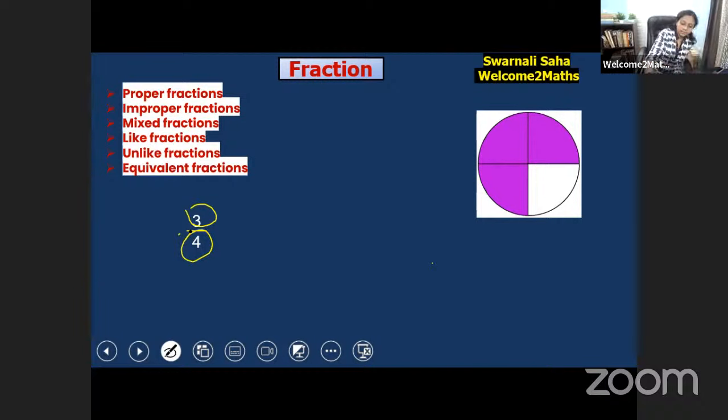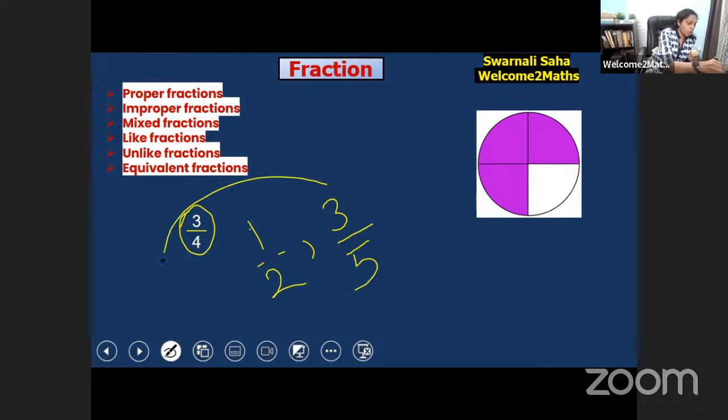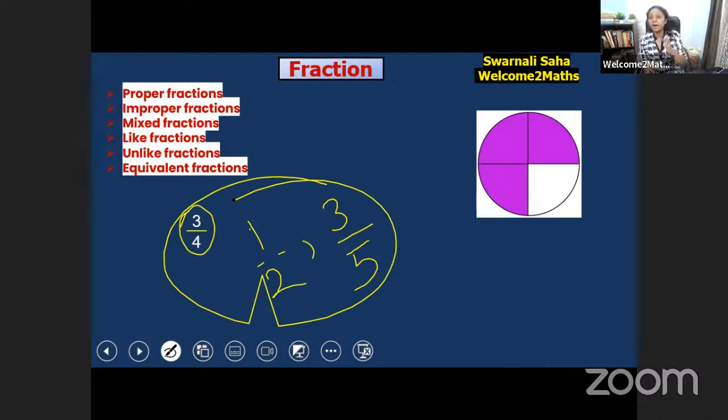This is called the proper fraction. It is just like 3 by 4, 1 by 2, 3 by 5. These all are called proper fractions. In a proper fraction, the numerator is lesser than the denominator.